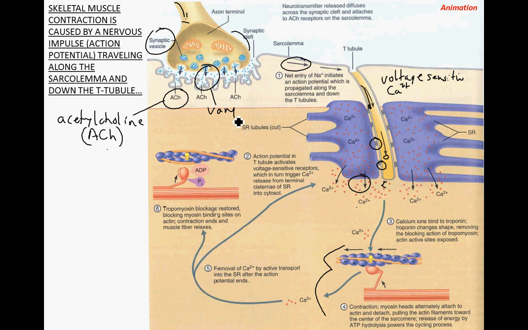Similarly with calcium, if the calcium gets released, then you have muscle contraction. If you don't get calcium release, then you are not going to have the muscle contracting. So these little intermediate players, the acetylcholine and the calcium ion, are potential ways to regulate the contraction of the skeletal muscle. Again, I would recommend taking a look at that animation as well to put this all in motion for you.